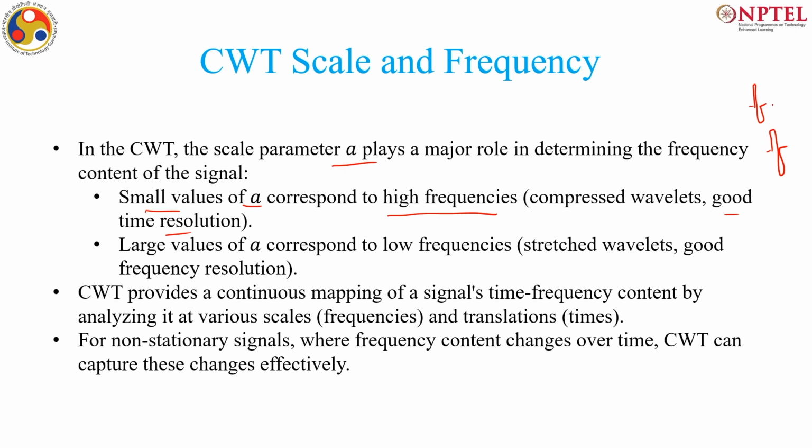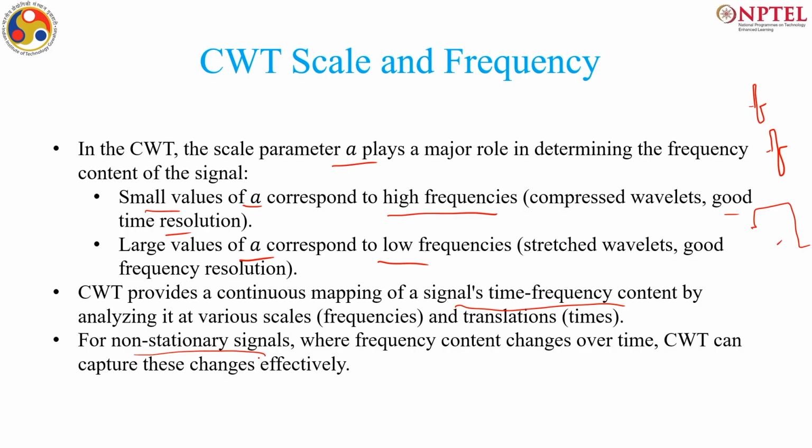So, these are smaller versions, picking up highly varying or fast varying signals, whereas large values of A relate to low frequencies because these are dilated versions, capturing slow changes in the signal. Of course, these are the wavelet functions' scaled versions. We will also have the scaling functions' scaled versions, or the father wavelets, and in this manner it will give you a continuous mapping of the signal's time frequency content, and this is very useful for non-stationary signals.